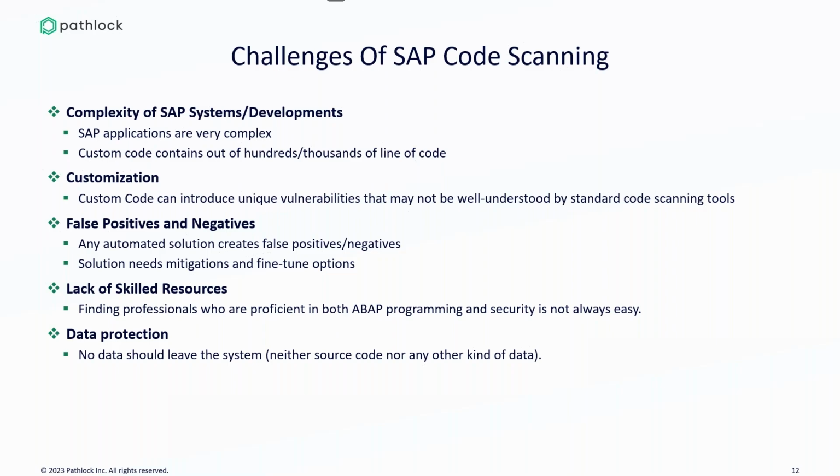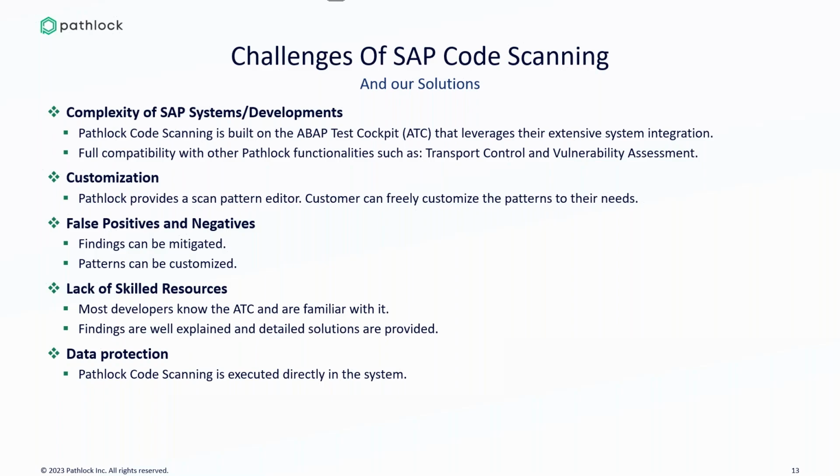So what is our solution providing? I directly want to map it into these 5 points again. First, for the complexity of subsystems, Pathlock decided to use as a code scan the foundation, the ABAP test cockpit.